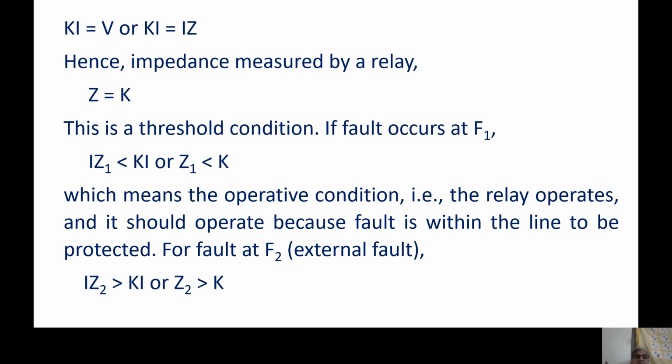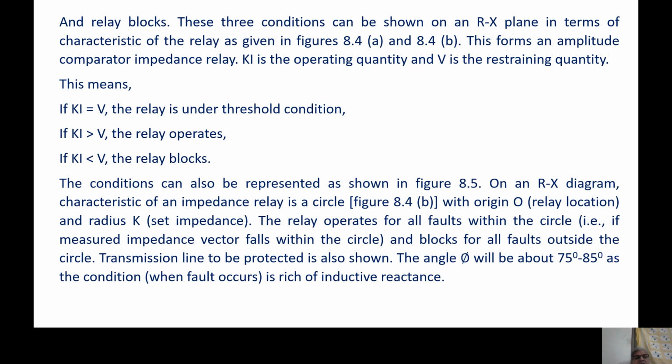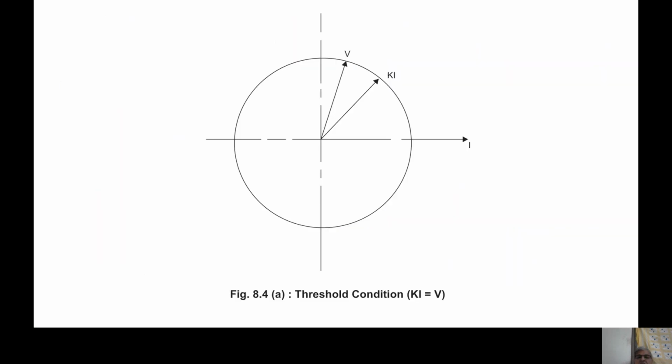Relay operates if the operating point lies within the circle, and relay blocks if the operating point goes outside the circle. This is what one has to understand, right? And if I want to show this in characteristics, I can show like this: Ki equal to V. So K is lying on the circle.